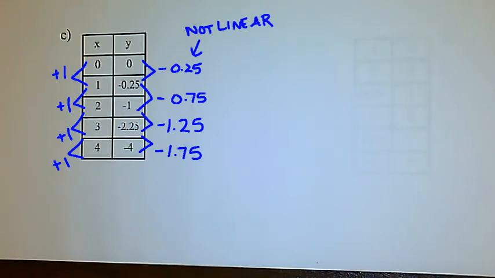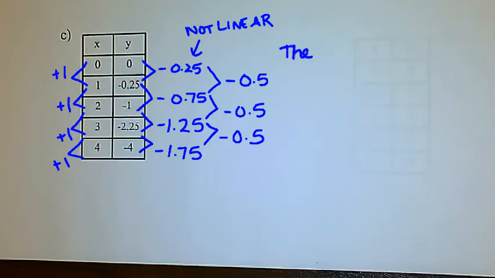Well, what we didn't talk about yet is if you continue. So let's look at this. Okay, if I go from negative 0.25 to negative 0.75, I actually subtracted 0.5. Let's keep going. If I go from negative 0.75 to negative 1.25, I subtracted 0.5. Oh, look at that. Okay, so this means the second difference.